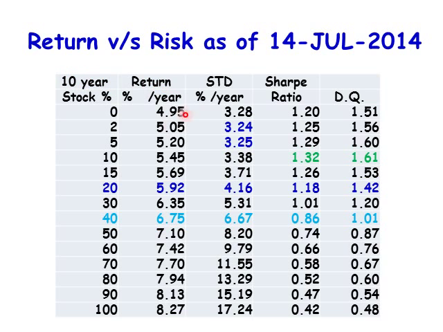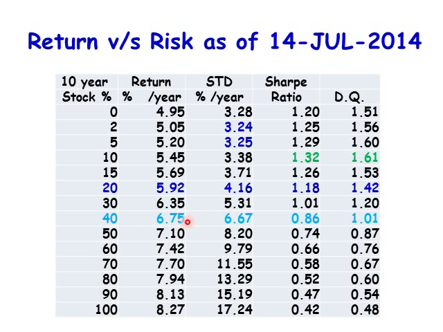returns and standard deviation, and I did this chart on 14th July 2014. So at 40% allocation to stocks, returns are 6.75% per year based on 10 years ending 14th July 2014, and standard deviation is 6.67%. At 40% allocation to stocks, return is higher than the standard deviation is.